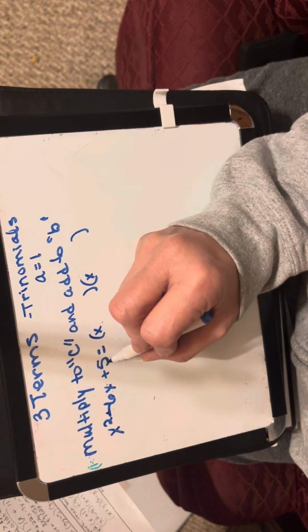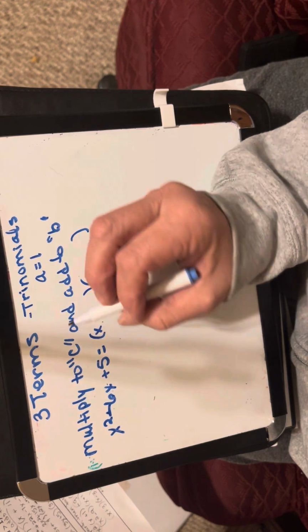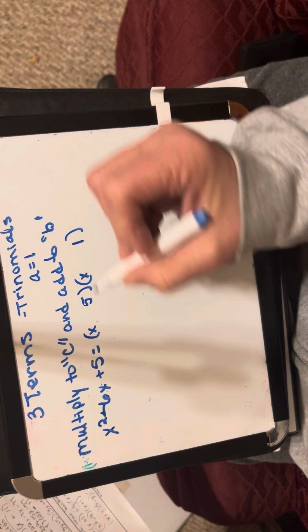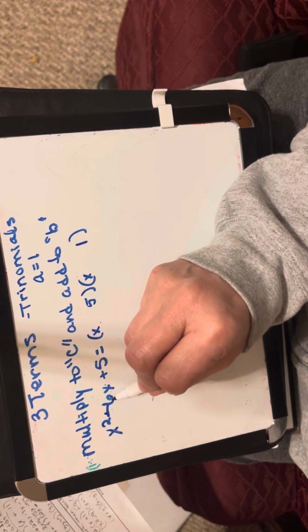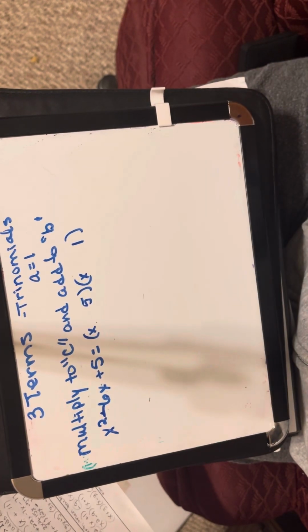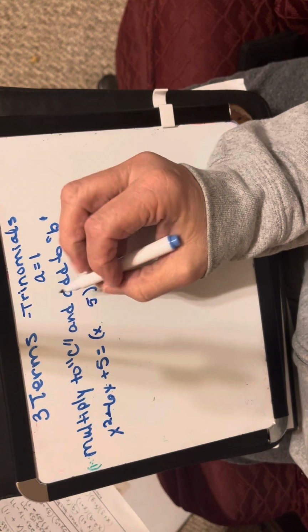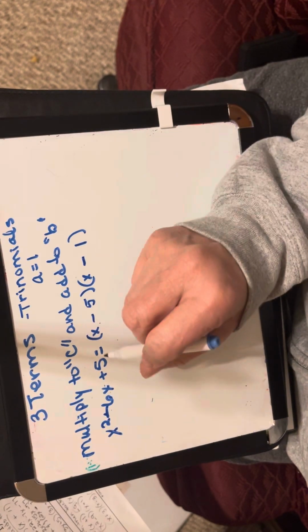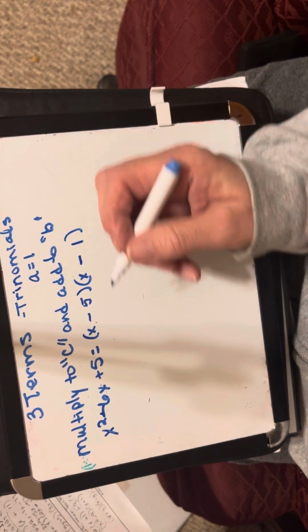So the two factors of 5 are 1 and 5. So I have 5, 1, those multiply to get to 5, and they add to get to 6x. And they both need to be a negative to give me a positive here and a negative there.